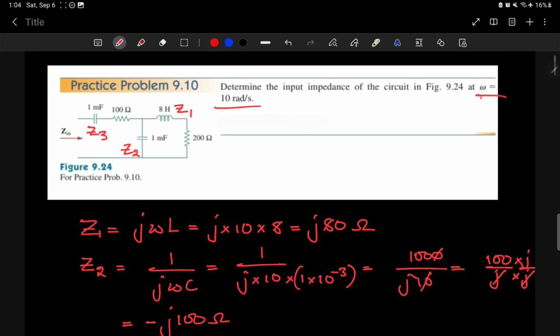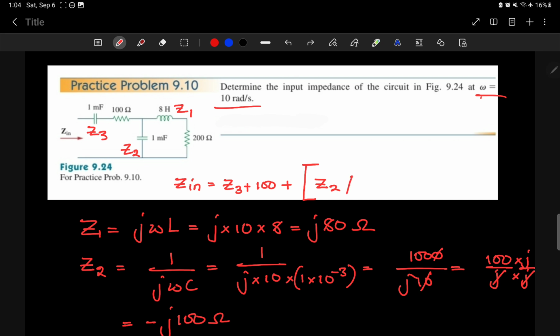Once we have this, to now combine this to get the overall impedance, we know we have Z3 there in series with the 100 ohms, and then in series with the parallel combination of Z2, this capacitor here.